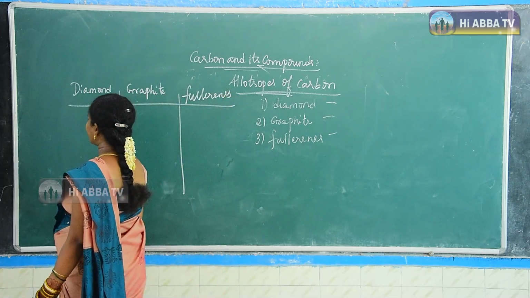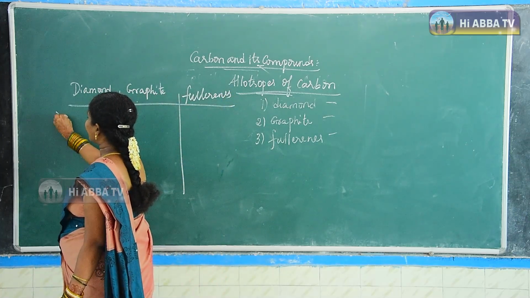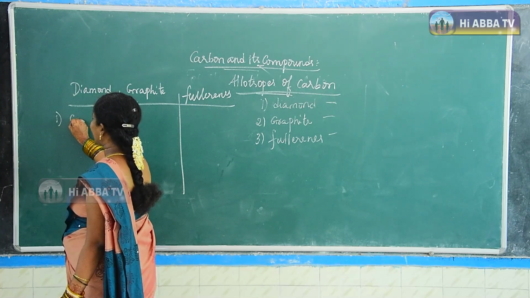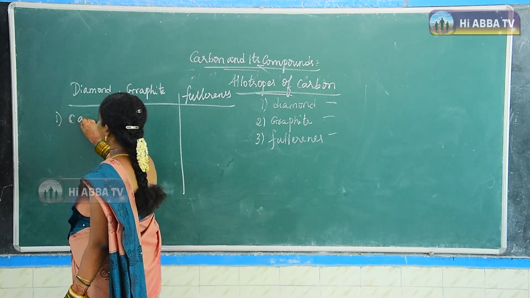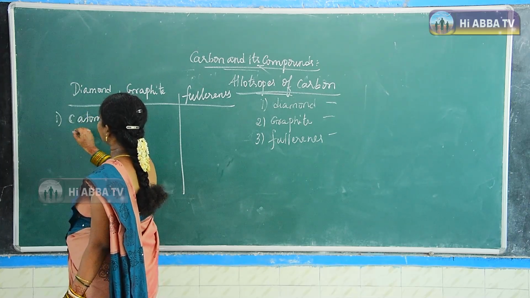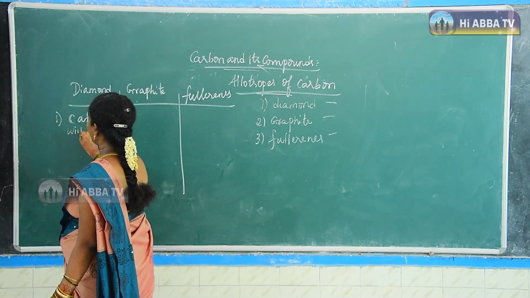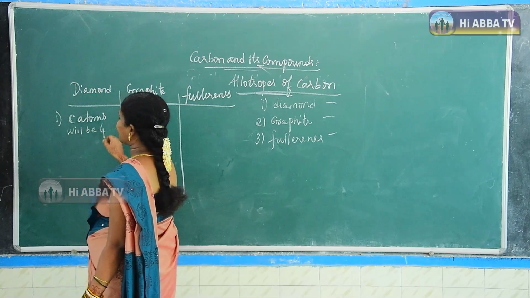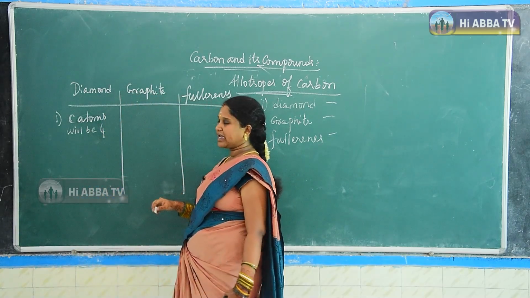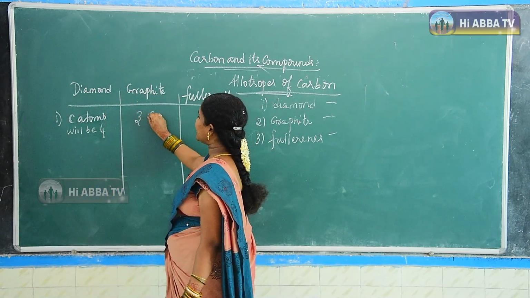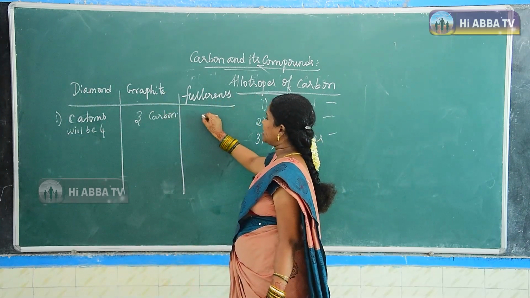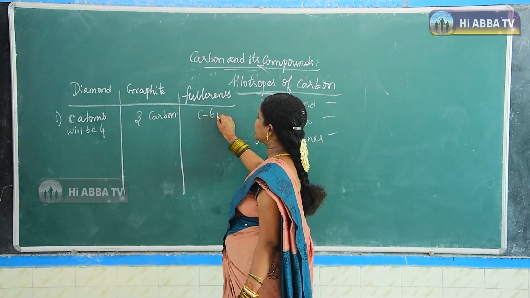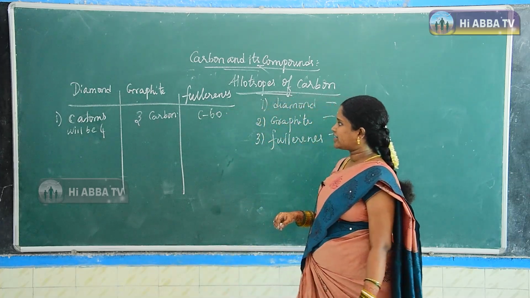First point, under diamond, we can note that each carbon atom will be connected with 4 other carbon atoms. In graphite, 3 carbon atoms will be connected, whereas in fullerenes there will be 60 carbon atoms to form fullerenes.